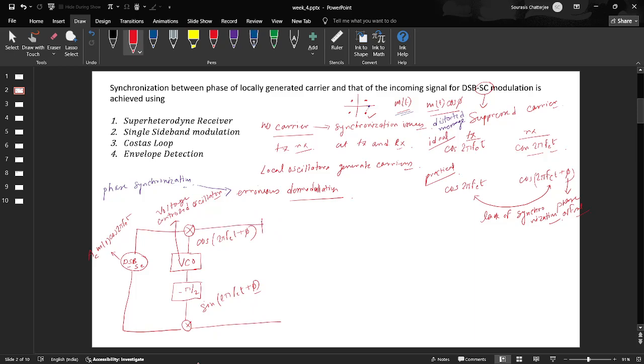Now at both ends I plan to pass it through the low pass filter. The goal here is essentially to recover the baseband signal.